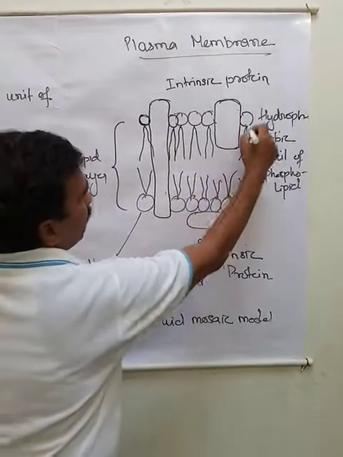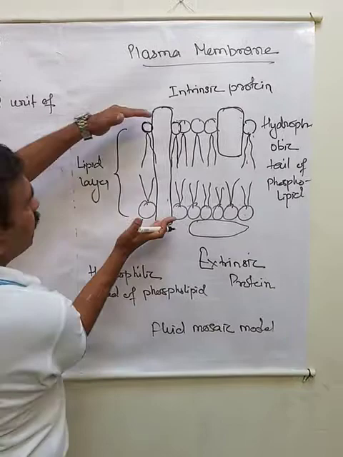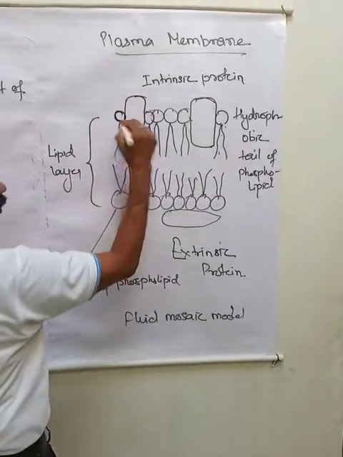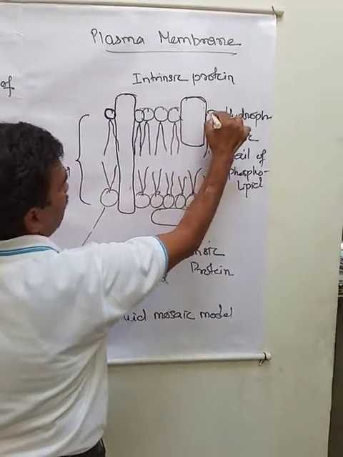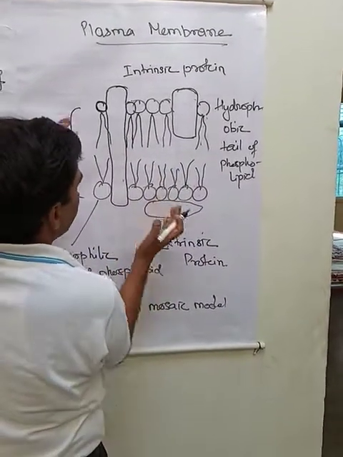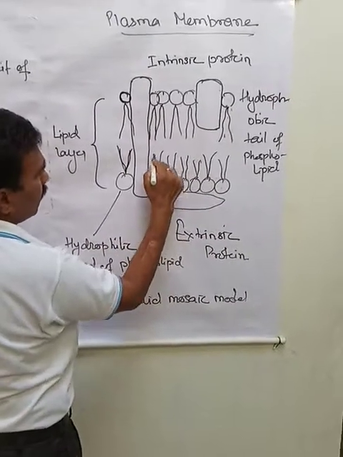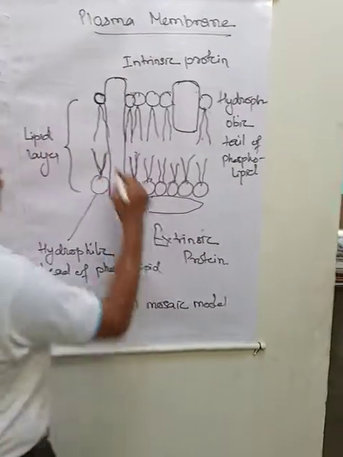This is a double layer. One layer has circular heads on the outer ends, and the tail-like structures are embedded inside.